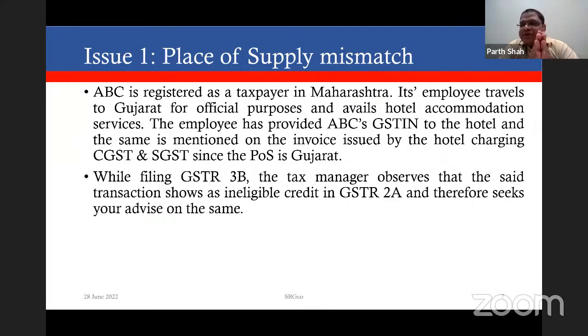Why? Because the state tax, like I said, is defined to mean the tax charged under the respective state GST Act. Now, I want to claim credit under the Maharashtra GST Act for the state tax component. And therefore, the Maharashtra tax officer is not going to allow me credit where the tax is charged under the Gujarat GST Act.